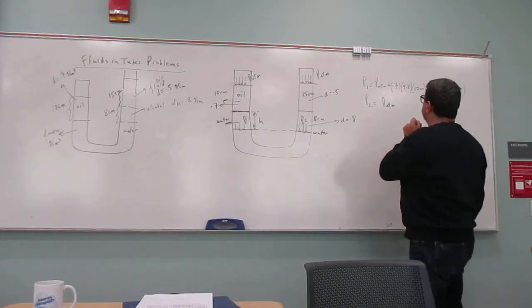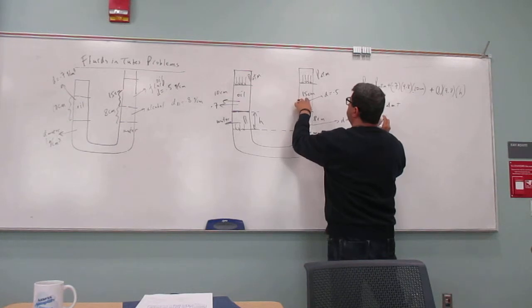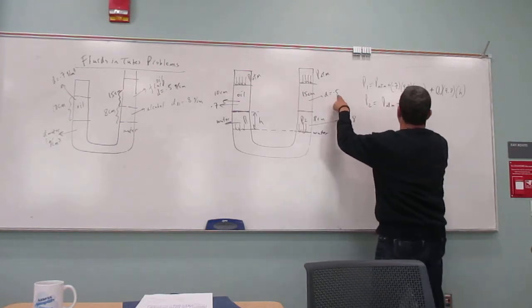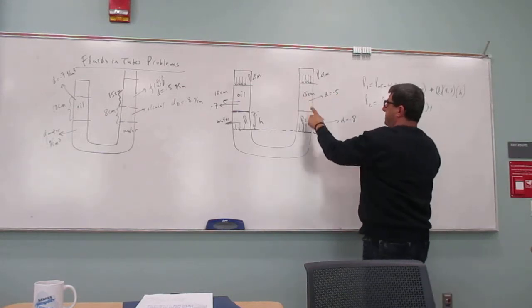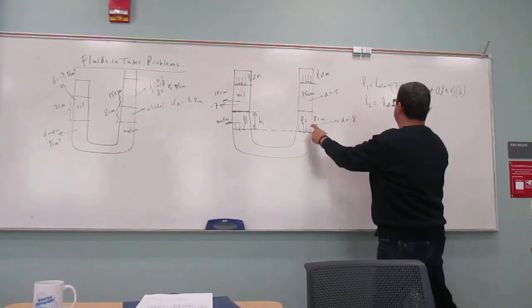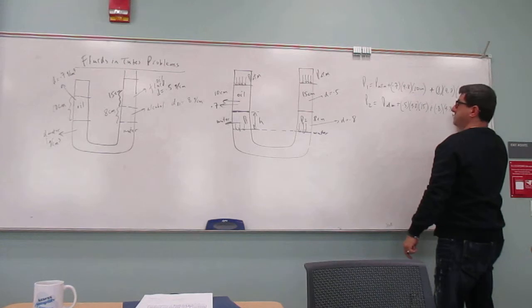Then you're going to have here the pressure of the atmosphere plus the density of this fluid, which is 0.5 times 9.8 times 15, plus the density of this fluid, 0.8 times 9.8 times 8.